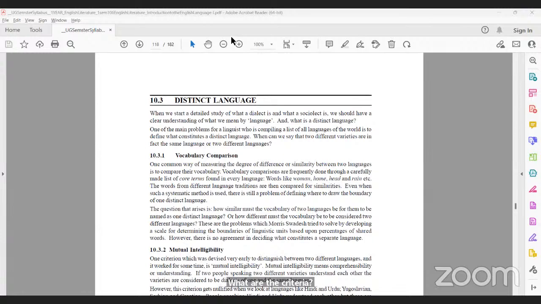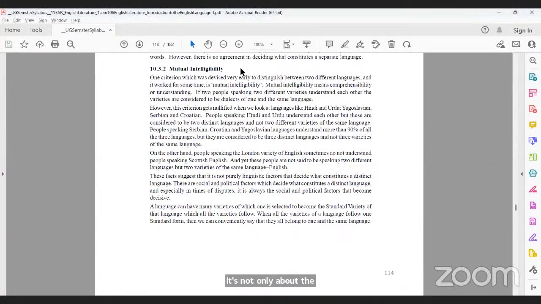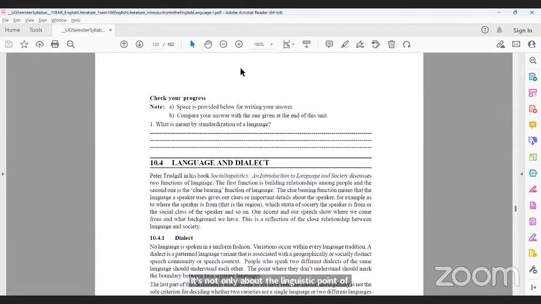Pronunciation. Pronunciation is one of the aspects. That's very true. Formation of sentences. That's also true. Yes. It's not only the linguistic point of view that differentiates a language and makes it a standard one.